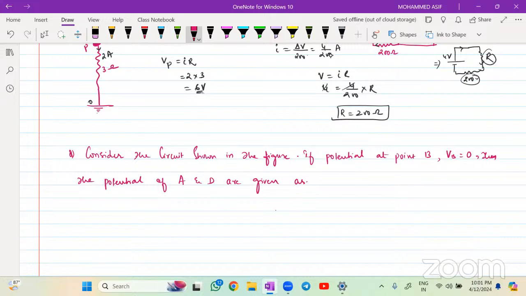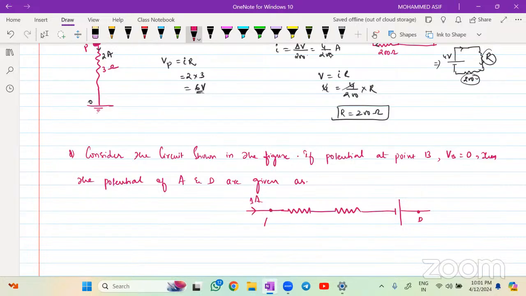this is a circuit diagram given for me. So this is one resistor, and there is one more resistor, and there is one battery, negative as well as positive, like this. And this is your terminal D, and from here there is a flow of current that is equal to 1 ampere.